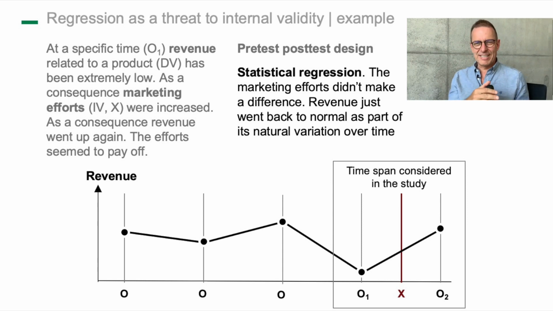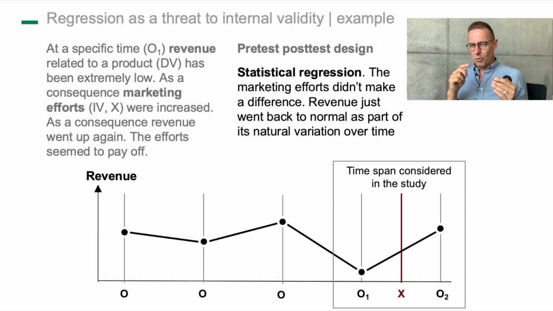So when you have extreme low revenue or extreme high revenue, how is the probability that one quarter later or a year later you have again an extreme situation? It's low, because per se the probability for extreme values is low.